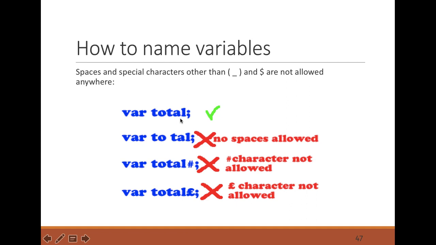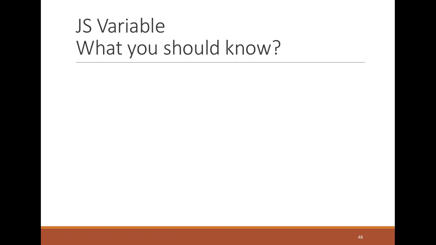You are able to do this, but you cannot do this: variable two and space total. Okay, this also cannot be used. You have hashtag combined with total, and you have a pound icon combined with total. You cannot use these because they are unallowed characters in JavaScript variables.